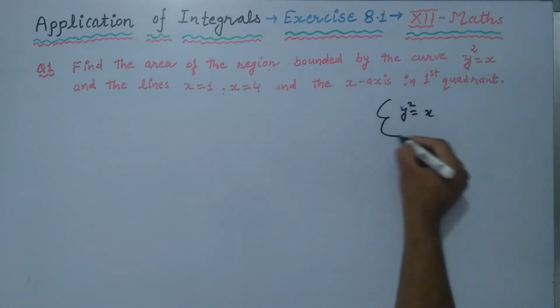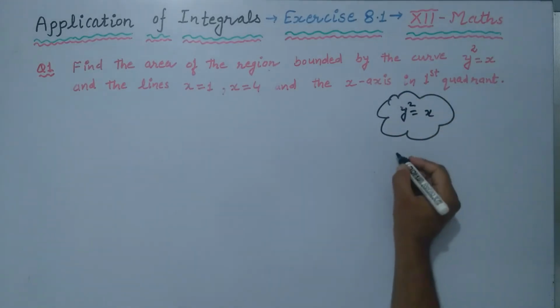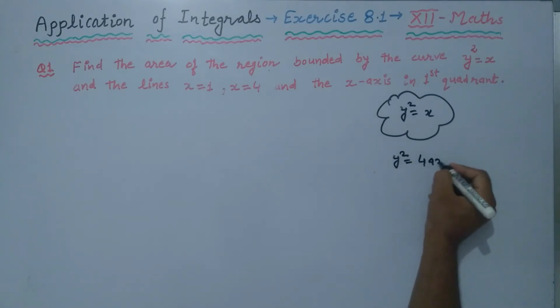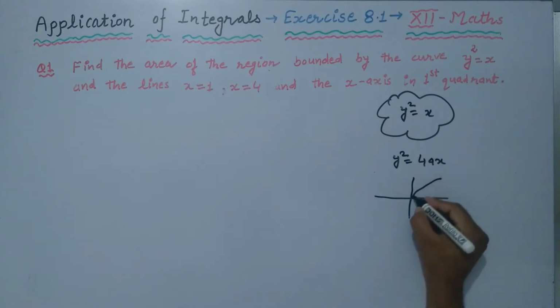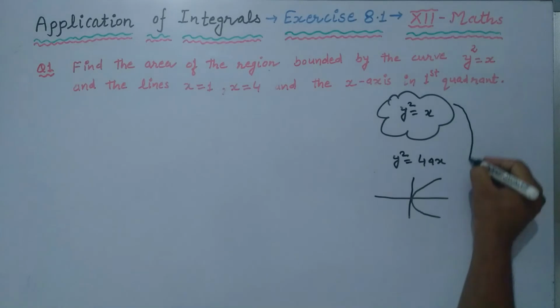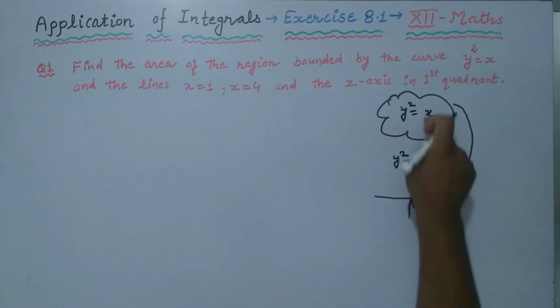We recall the equations of the parabola. Y square is equal to 4ax is the right handed parabola like this. So this equation is also the same, of this right handed parabola form.